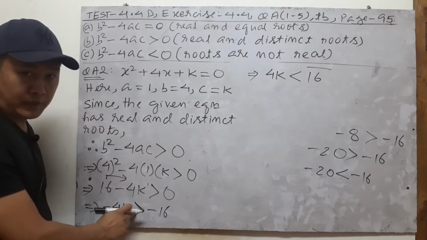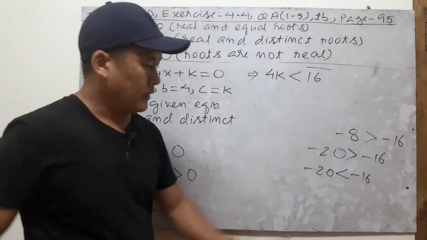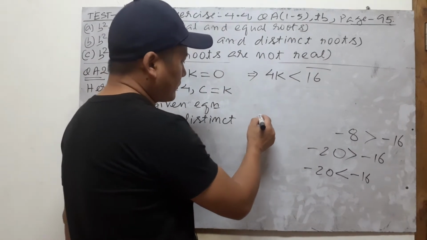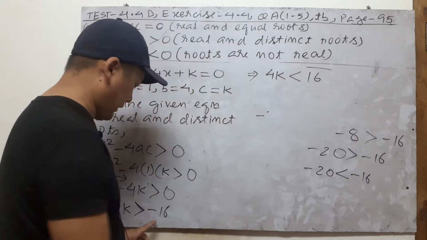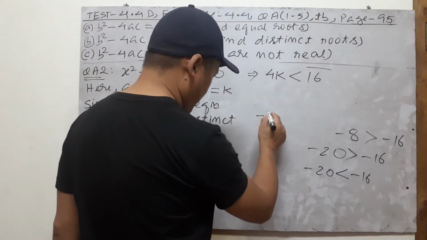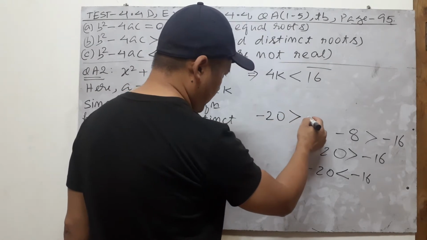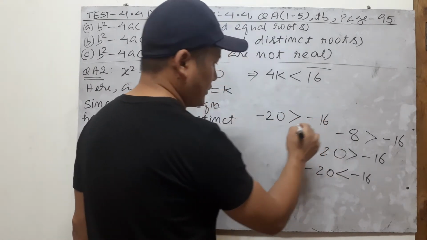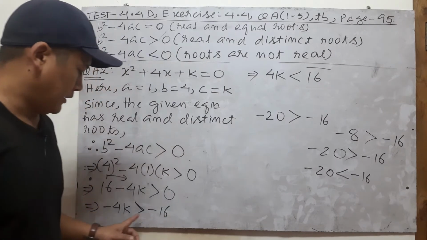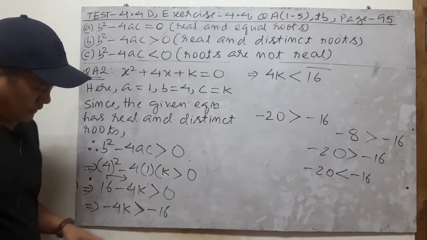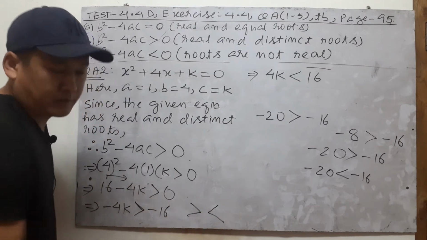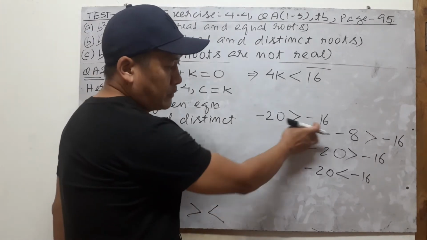This will become ulta, the reverse. Because minus 4k is greater than minus 16, if you don't change that, then suppose minus 20 greater than minus 16 is wrong. So since you are changing the sign, this side will shift like this, smaller, then only it will be correct, right?